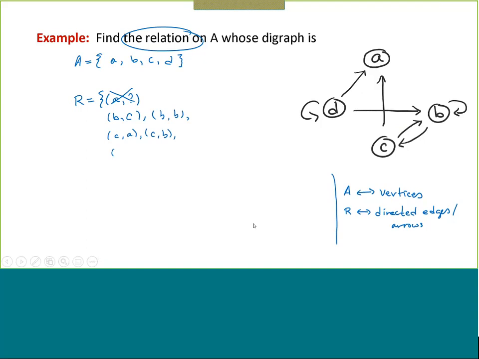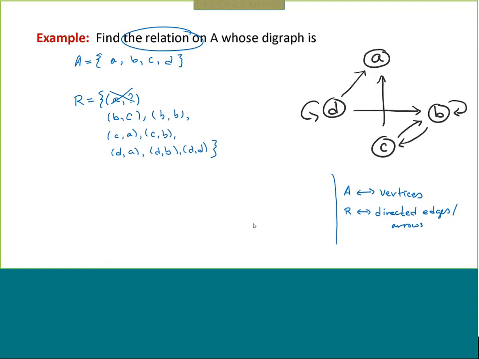There's only 2 arrows leaving C. Now lastly, we have D. We look to see the arrows leaving D, and it looks like there's an arrow going D to A. It looks like there's an arrow going D to B. There's no arrow D to C, but there's a loop at D, so we have an arrow D to D.